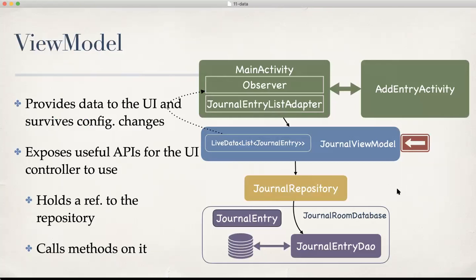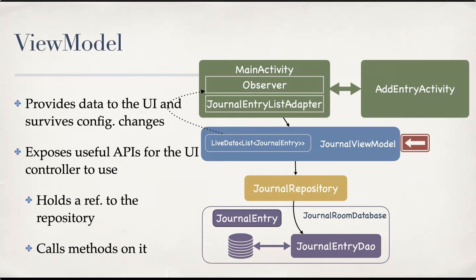Okay, now we are at the view model. So we know what a view model does. Before we started looking at the Room library, it's supposed to provide the data for the UI, and it's designed to survive configuration changes.